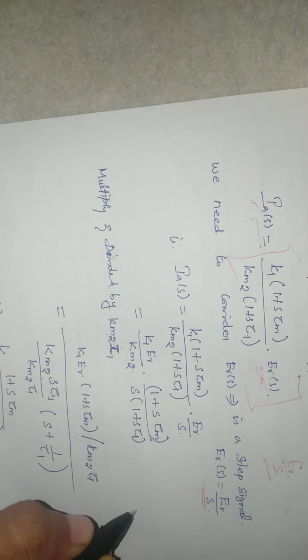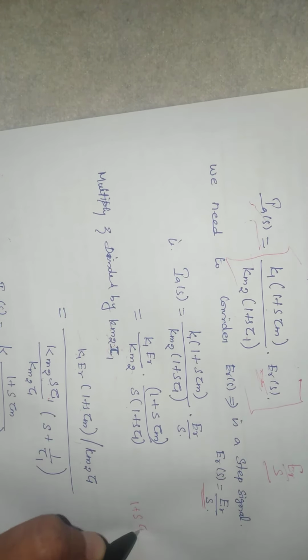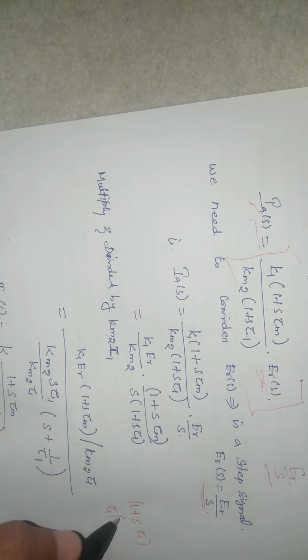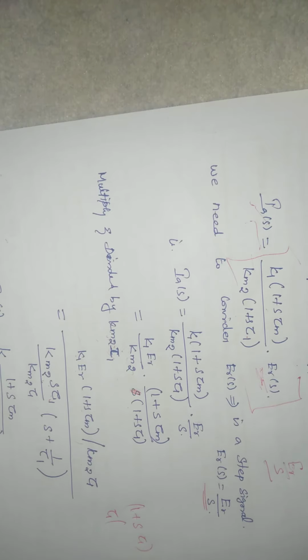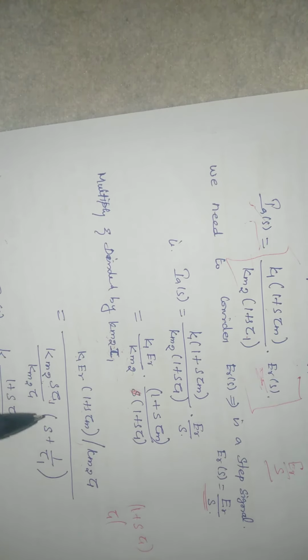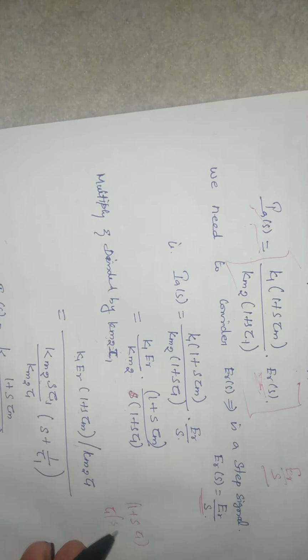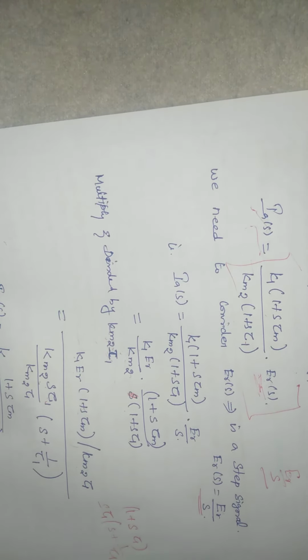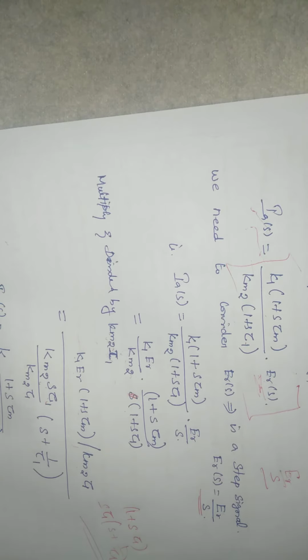So in 1 plus s tau 1, if I am taking tau 1 out from this place, then the remaining term will be s plus, this s tau 1, if you are taking tau 1 out, remaining term is only 1. So these are the simplified notation here.